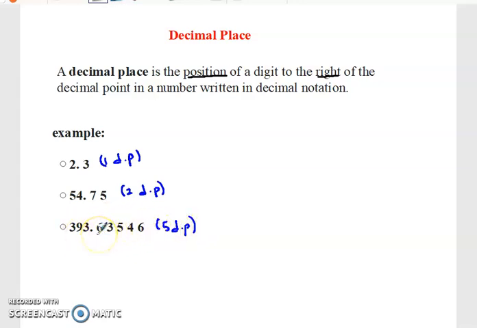The first digit, which is 6, is in the first decimal place because it's the first number after the decimal point. The digit 3 would fall second, 5 would fall third, and so forth. So that's just to get a basic understanding of decimal places and how different digits fall into different decimal positions.